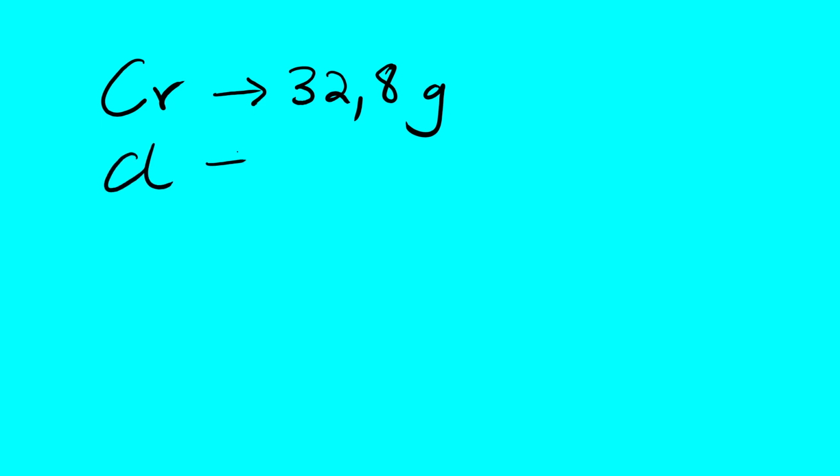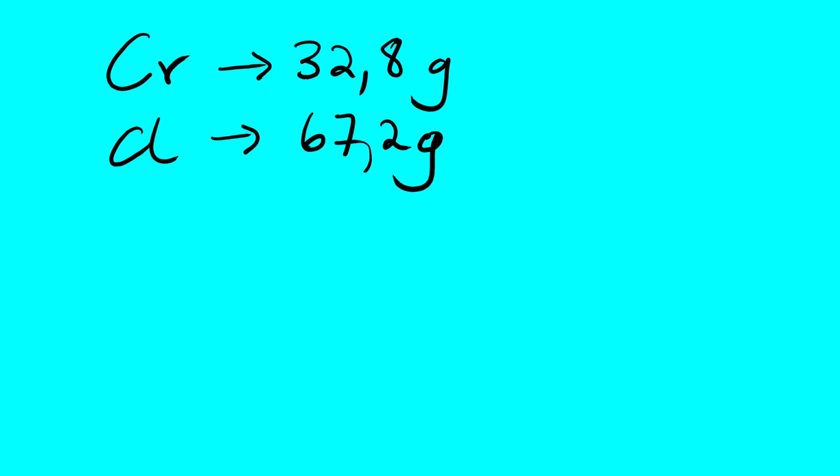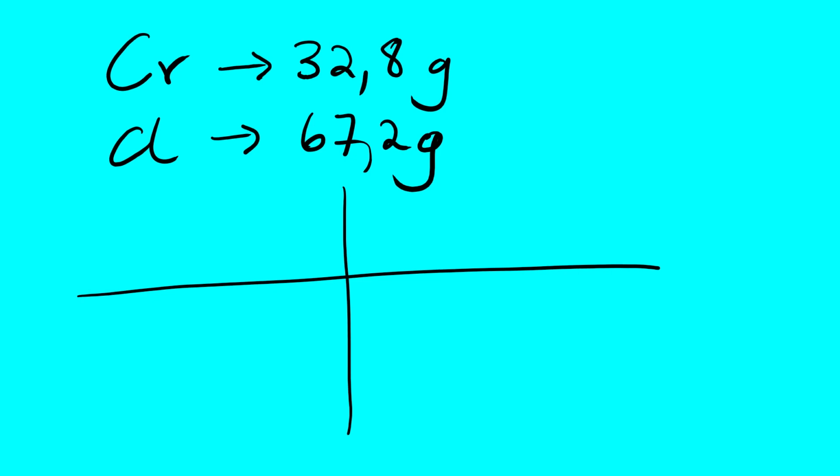And then chlorine, we have 67.2 grams. So this is how we convert. We simply change the SI units. We have chromium, we have chlorine.